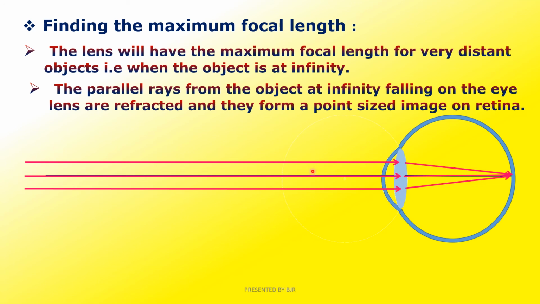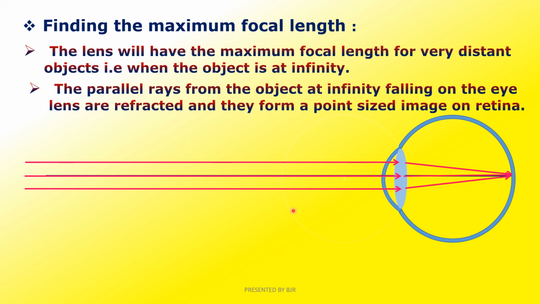So in this case, u, that is object distance, equal to minus infinity. Why? Because I am measuring the object distance in opposite to the direction of the incident ray. That's why I am taking it as negative. And here u equal to minus infinity, v, that is image distance, equal to 2.5 centimeters and f equal to f maximum.